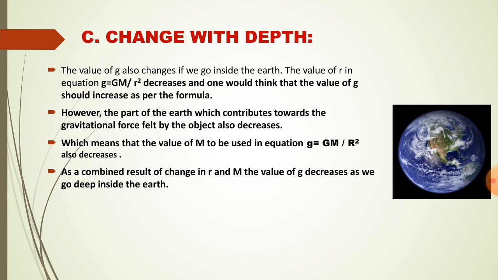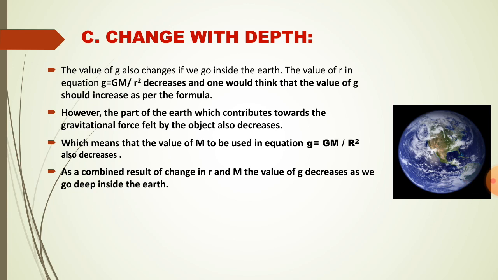However, the part of the earth which contributes towards the gravitational force felt by the object also decreases, which means that the value of M to be used in the equation g is equal to GM upon r square also decreases. As a combined result of change in r and M, the value of g decreases as we go deep inside the earth.